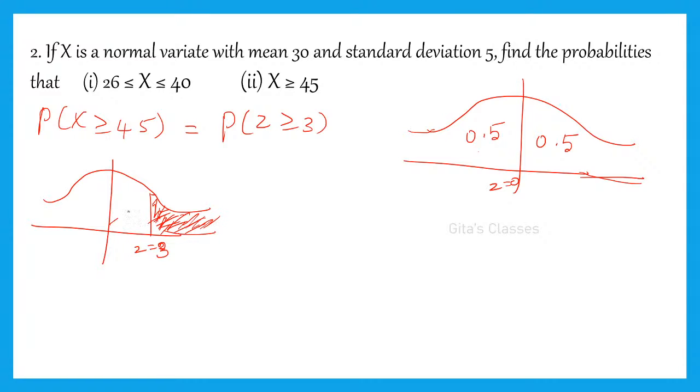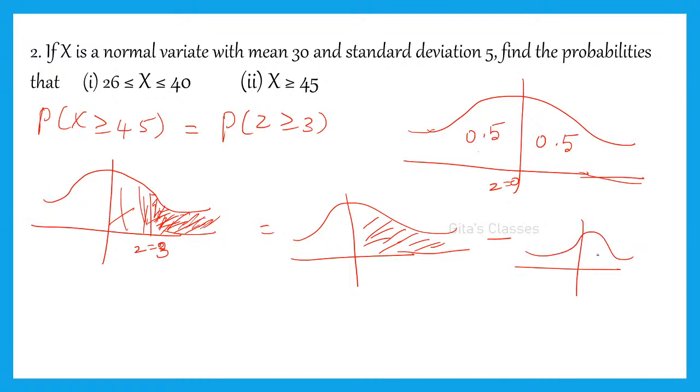From the table, I can find out the area from 0 to 3. So the required area is the entire half, 0.5, minus the area from 0 to z equal to 3. The total probability is 1, and z equal to 0 divides the entire area into 2 equal parts. So 0.5 minus this.